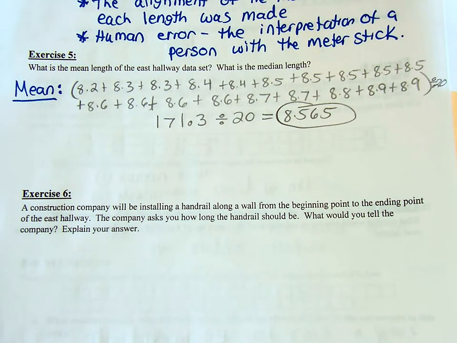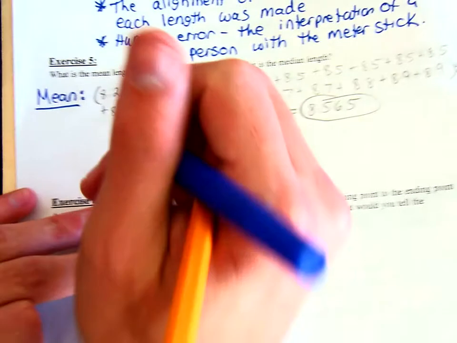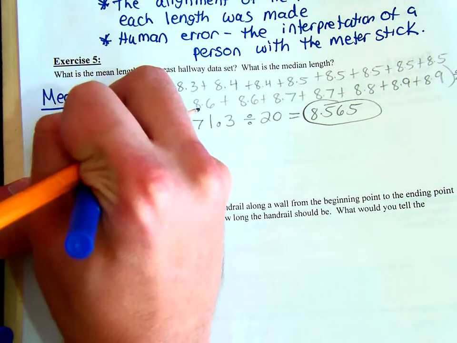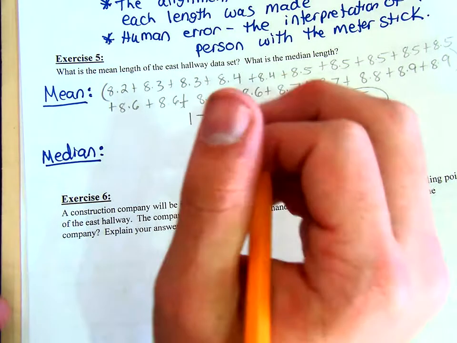Now we want to find the median. I'm going to list all my numbers from least to greatest, and then find the one that's in the middle.